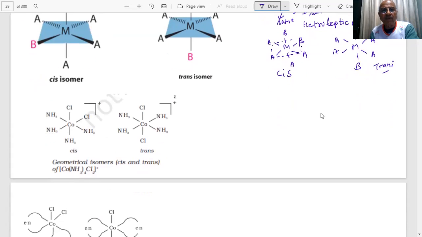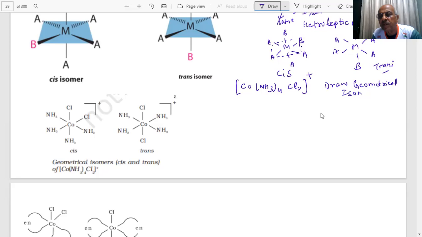Okay. Example we are giving, student. He says draw the cis and trans isomers. You are given [Co(NH3)4Cl2]+. He says draw the geometrical isomers of this compound.